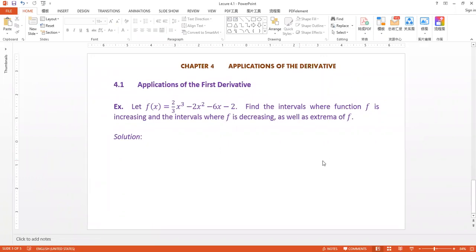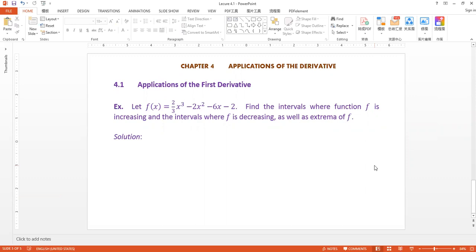And I feel it's necessary to work through the example in this section, so I'm going to do it here step by step. This example is to use the first derivative to find the extrema of a function. At the same time, we can also find where the function is increasing and decreasing.